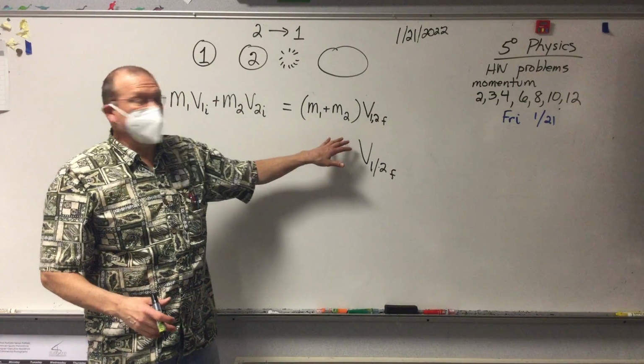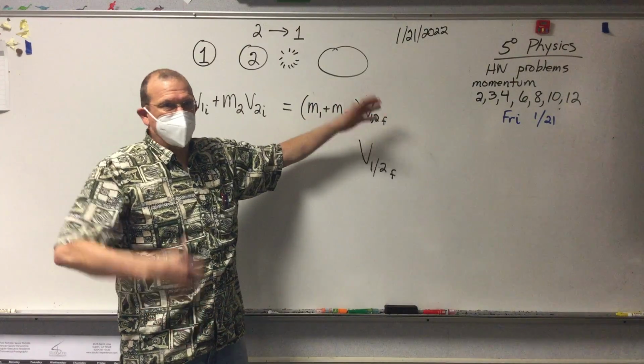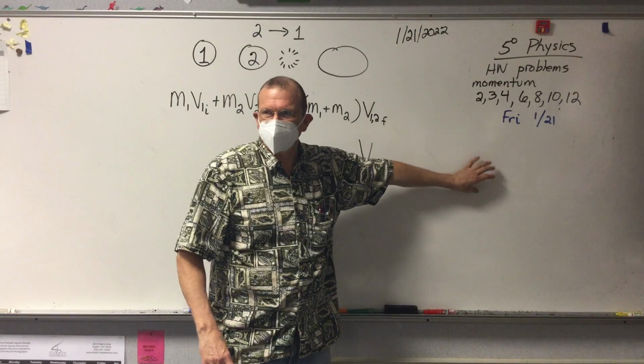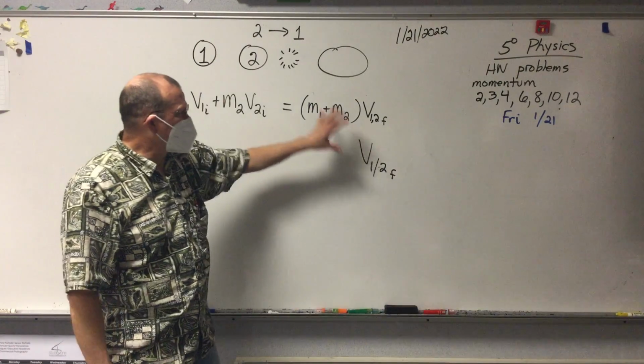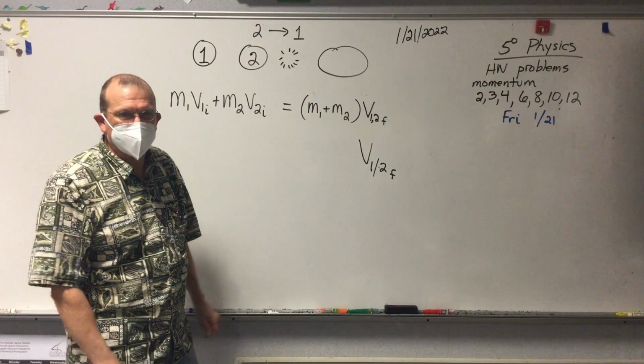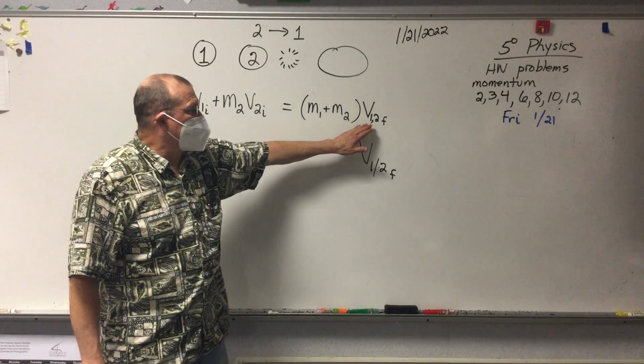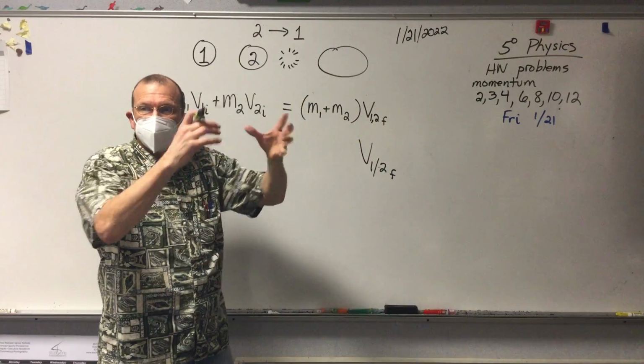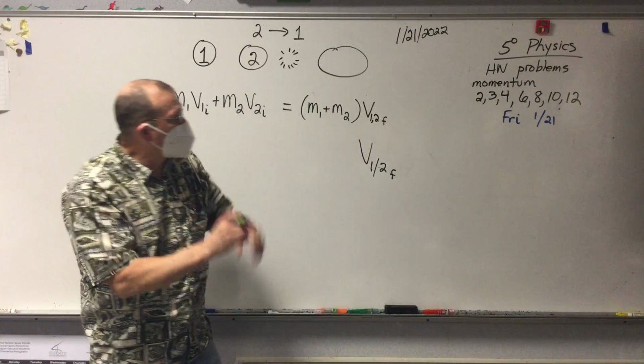Sometimes I think maybe leaving this as M3V3 might work, and then off on the side we'd have M3 equals M1 plus M2, but I don't think that looks as nice in the setup. So remember that this V12 is simply the velocity of 1 and 2 now stuck together. Now I just had one thought.